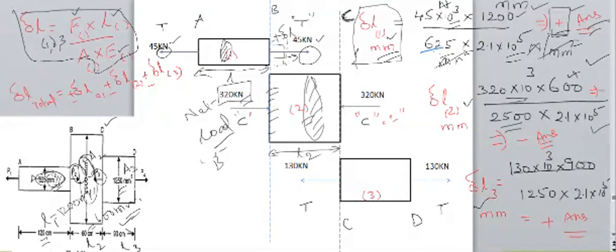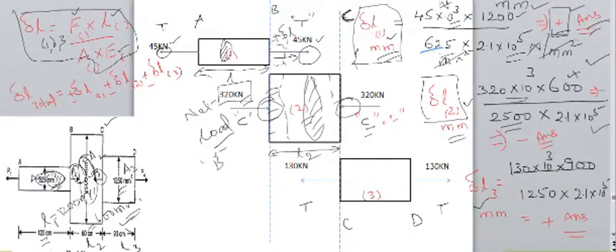I will get the delta L for the second portion in mm. But if you see the nature of the load, it is compressive in nature. Its length will be decreased due to the external load.